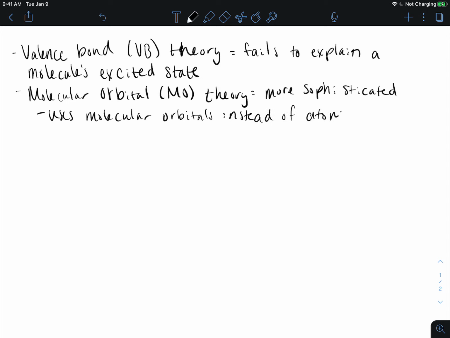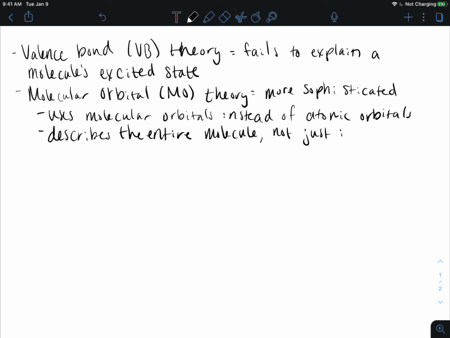So it talks about the entire molecule, not just individual bonds. Okay? So it again is a mathematical operation where we combine the energies of our atomic orbitals to get the shape and energy of the molecular orbitals.